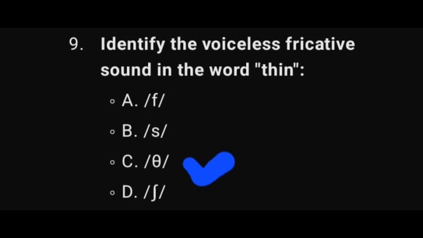It is a voiceless fricative. There is friction coming out of the sound whenever we pronounce it because the tongue is coming in between the upper and the lower front teeth to produce th, and the vocal cords do not vibrate when we pronounce the sound, and so it is a voiceless fricative sound.